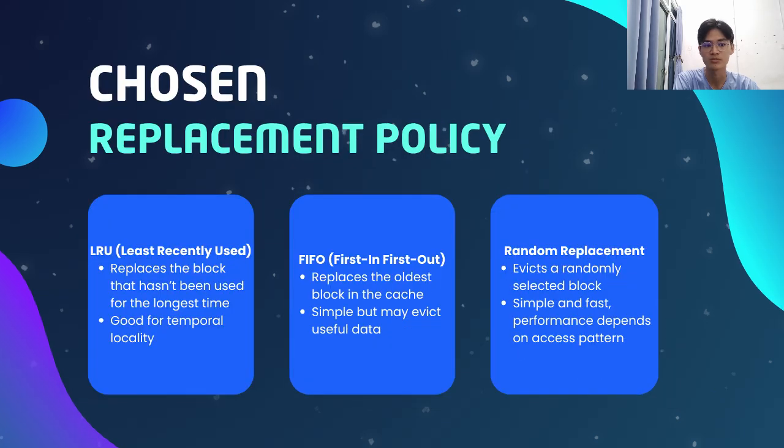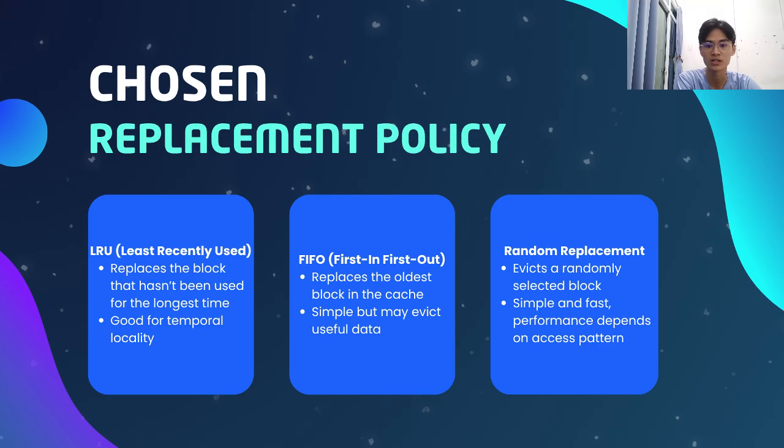For the chosen replacement policy, we tested 3 different replacement policies to see how they affect the cache performance. The first one, we have LRU, least recently used. This policy replaces the block that hasn't been used for the longest time, and it is good for temporal locality. The second one, we have first in first out.